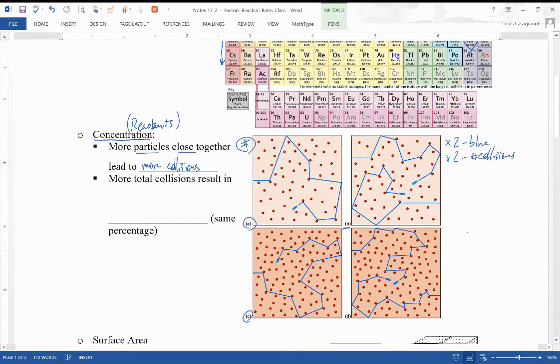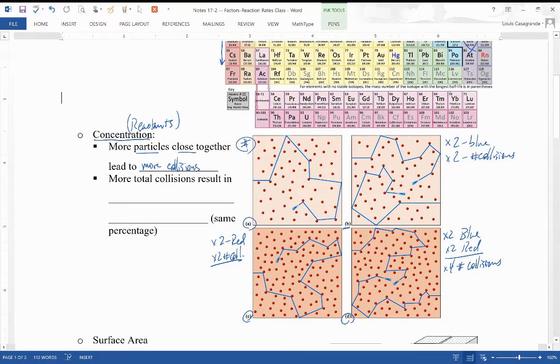In C, I have multiplied the red by 2. And again, if you count, and you can see the darker color, more red molecules closer together, the number of collisions is also multiplied by 2. And in D, I've multiplied the blue by 2. I've multiplied the red by 2. And when I put that all together, I get times 4 the number of collisions.